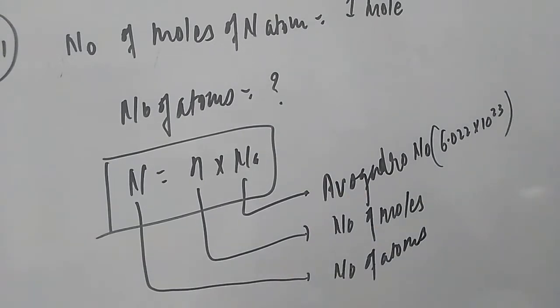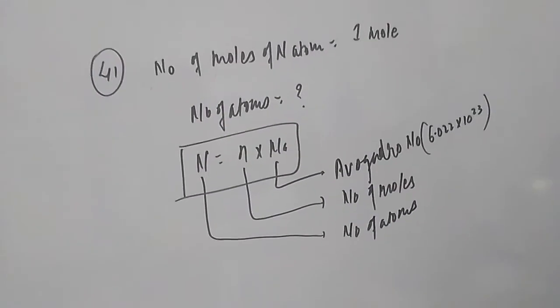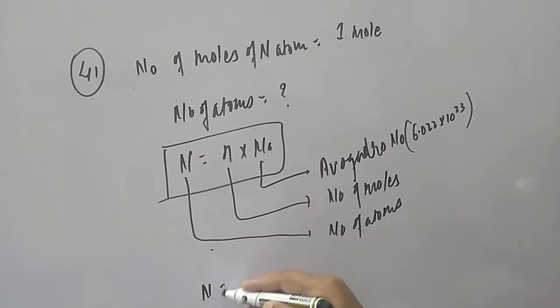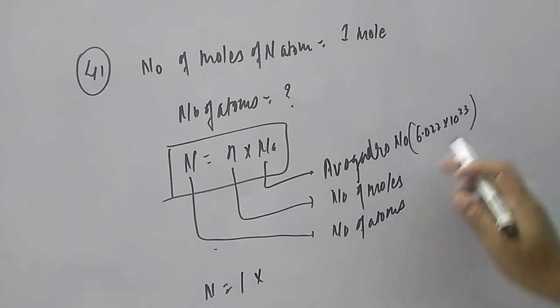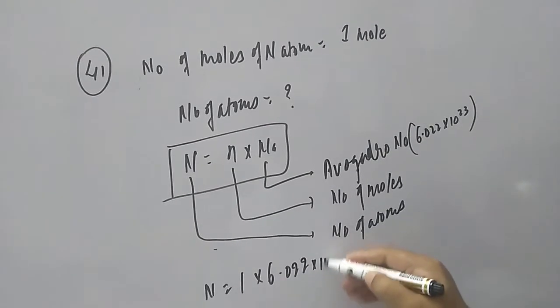So here you put the value, student. If you are getting the answer, let us put the value, student. What value will you be able to put? Small n they have given how many moles, student? 1 mole. And Avogadro number, how much is there? That is 6.022 into 10 power 23.